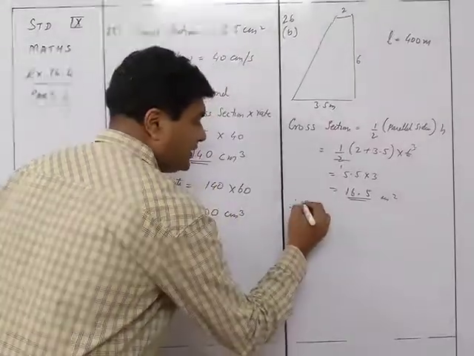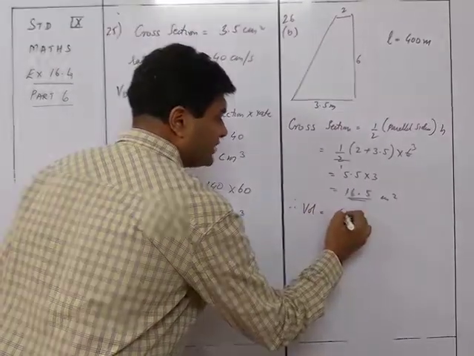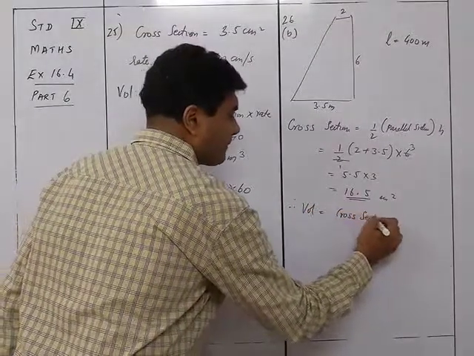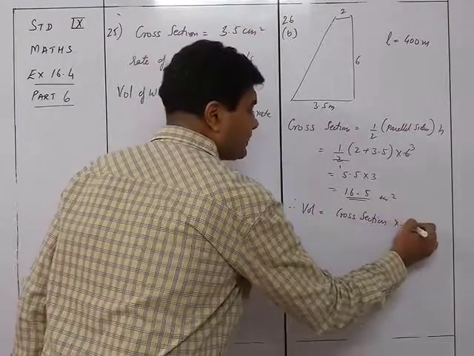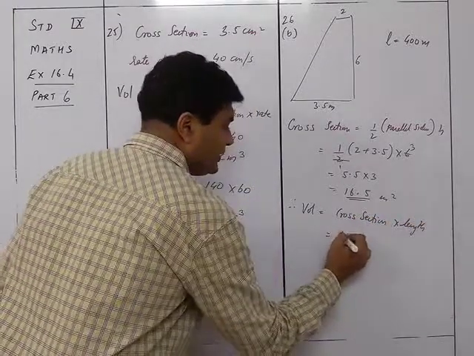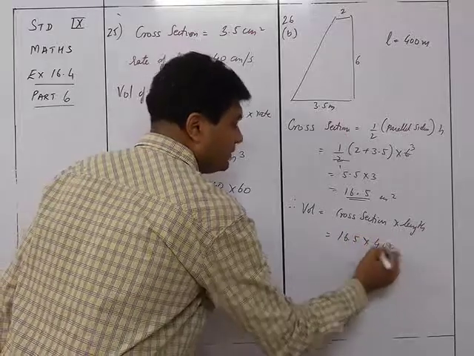Now we need the volume. Volume is equal to cross section into length is equal to 16.5 into 400.